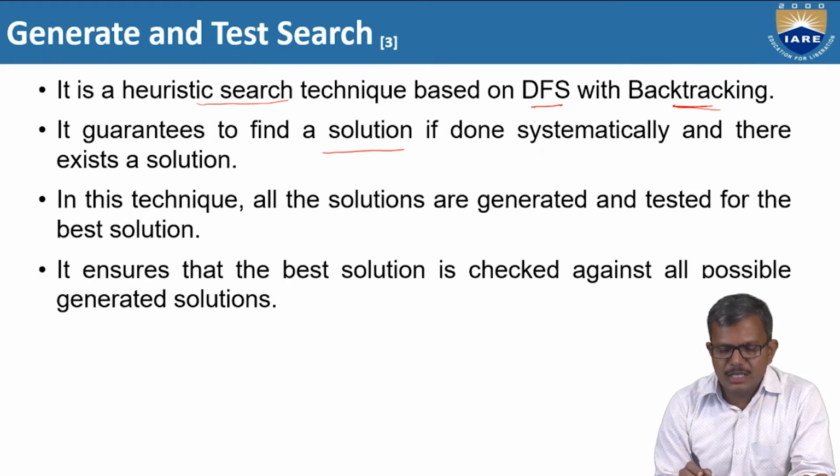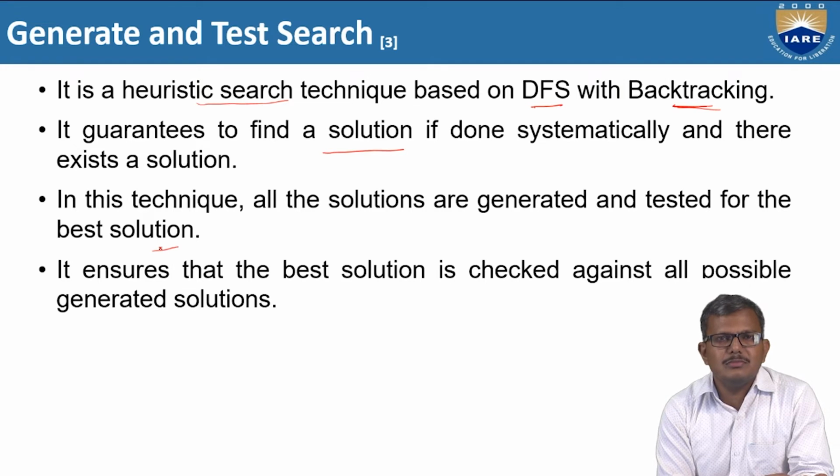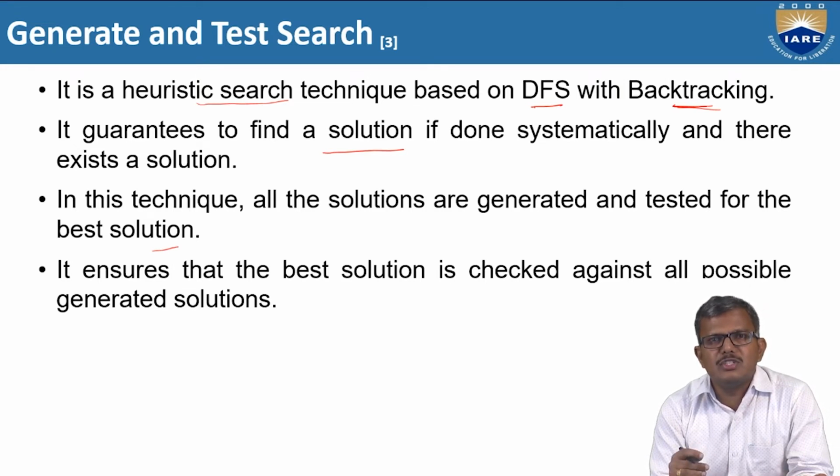In this case, all the solutions are generated and tested for the best solution. In generate and test, first we generate the next path, a new path or new node in the tree.